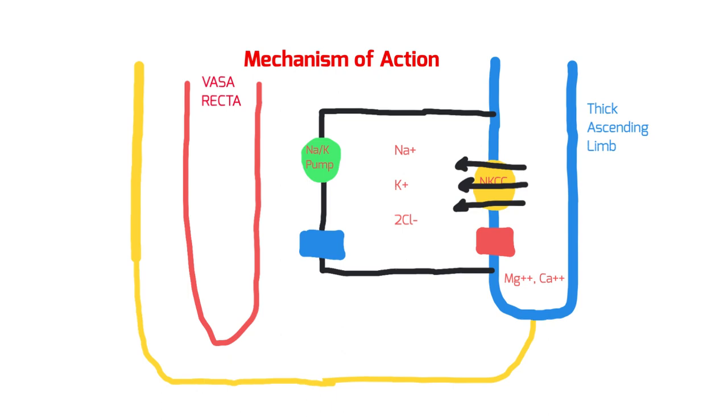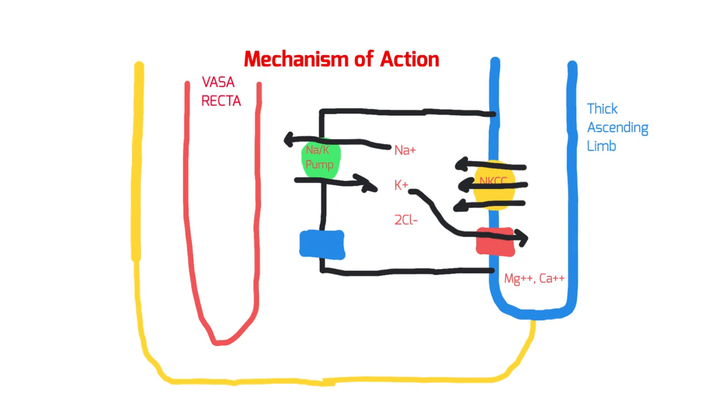Once inside the cell, our sodium-potassium pump will kick sodium out into the interstitial space, and at the same time, we're taking in even more potassium into the cell. So this is going to cause a concentration gradient that's going to want it to exit the cell back into the lumen through its potassium transporter.